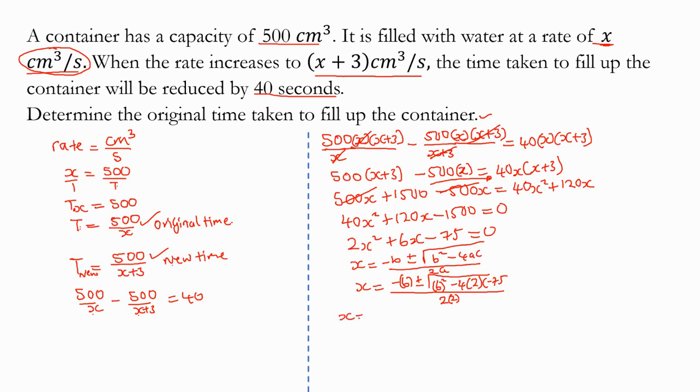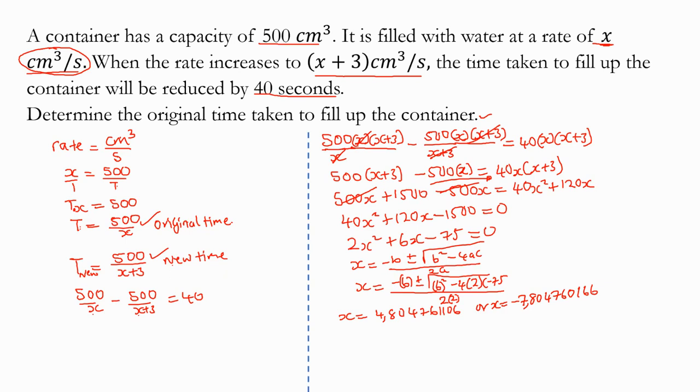So x is equal to 4.80476110 or x is equal to negative 7.80476016. Now we're required to find the original time.